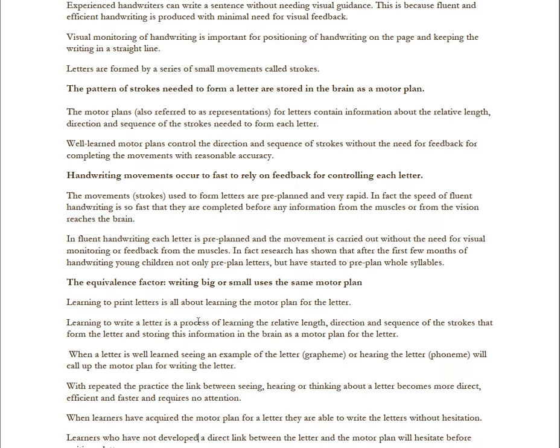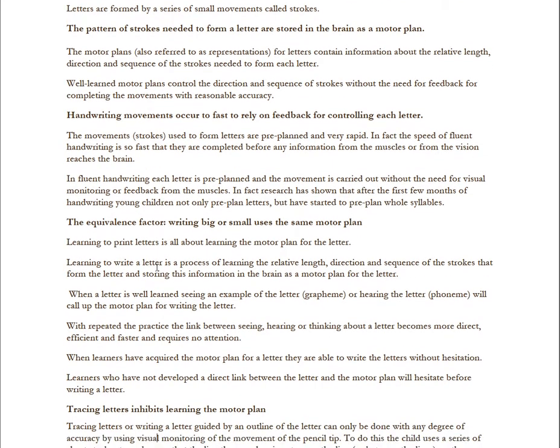If you say A, that's the phoneme or one of the phonemes for A, the motor plan will come up. With repeated practice, the link between seeing, hearing, or thinking about a letter becomes more direct, efficient, and faster and requires no attention. The learner who acquires the motor plan for a letter is able to write without hesitation. That is, when the learners have got the motor plan, they'll be able to write the letter. Notice I said without hesitation.